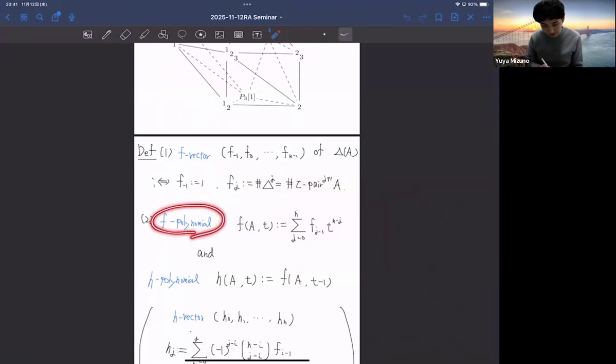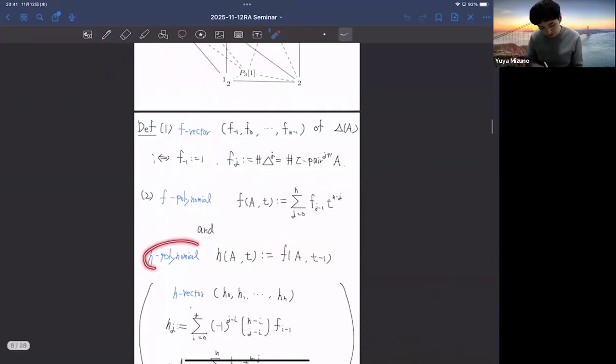And the f-polynomial is defined by using these vectors. Namely, this is a polynomial whose coefficients are given by f-vectors. This starts from f_n, and in this case, the minus 1. And similarly, f_0 is 1.